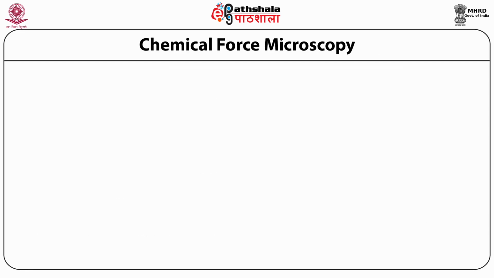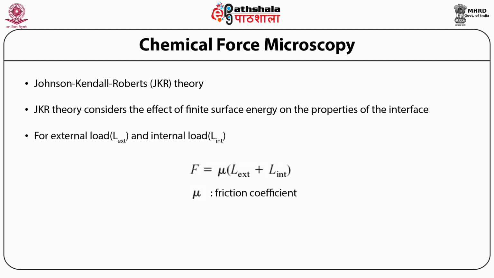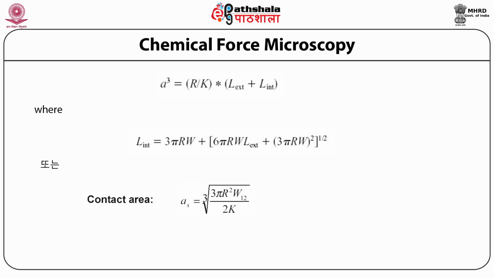Chemical force microscopy: there are various equations and theories related to this. Johnson, Kendall, Roberts, JKR theory. JKR theory considers the effect of finite surface energy on the properties of the interface. For external load, that is L external, and internal load, we can calculate the force by the relation given here, where mu is the frictional coefficient, and the area and the forces can be calculated.